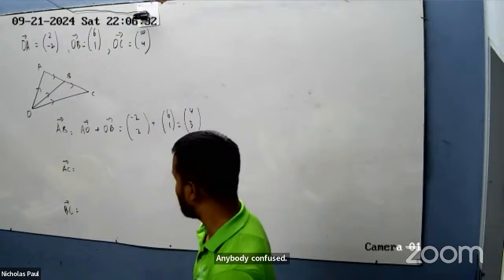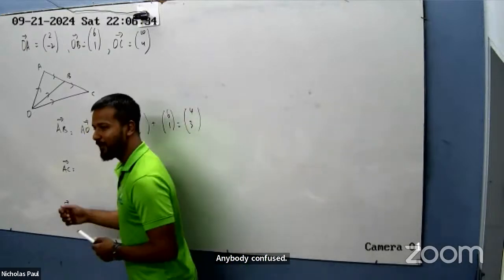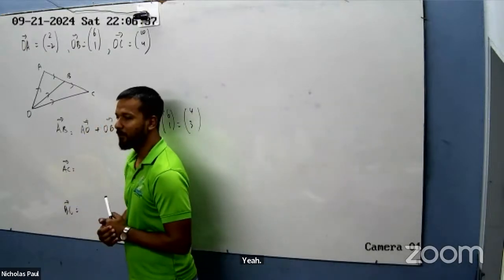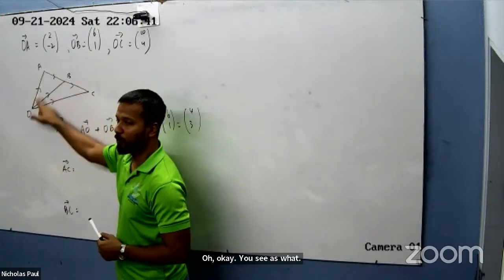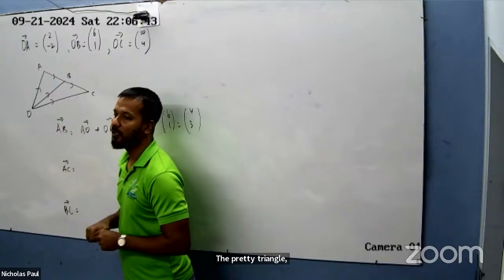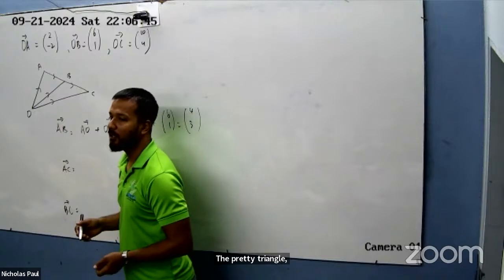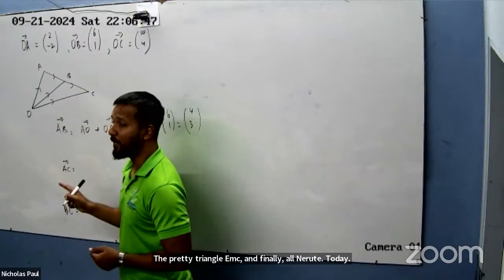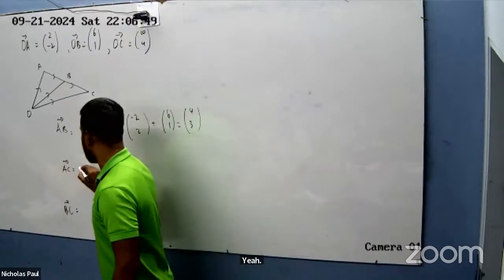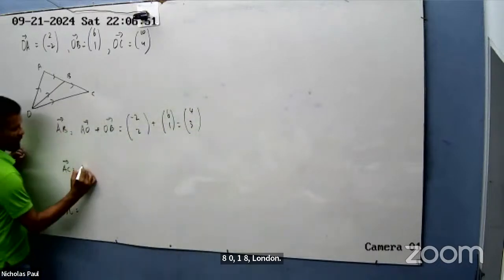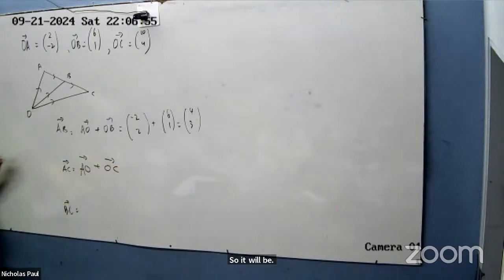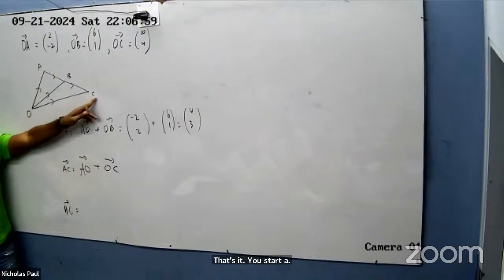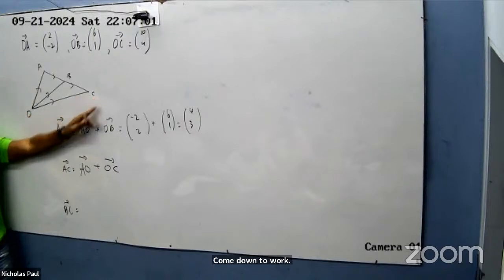Next, AC is what? Look at the triangle with A and C and find the alternate route that'll get you there. A to O and then? Very good. So it will be A to O plus O to C. You start at A, come down to O, go to C. That's the alternate route.